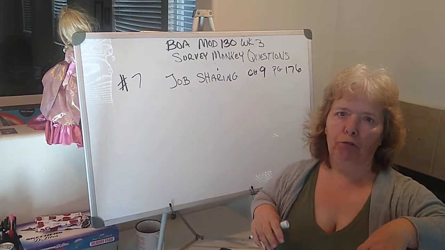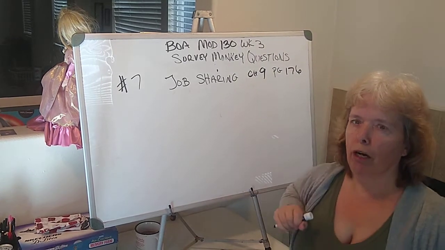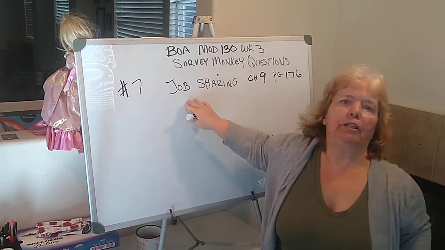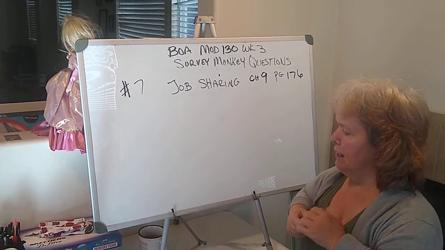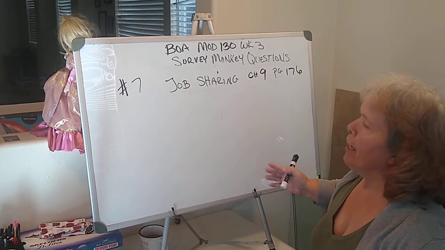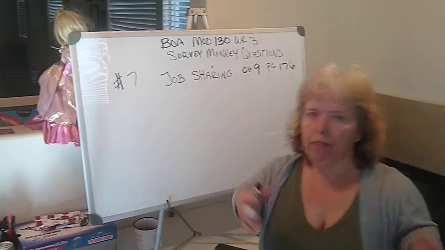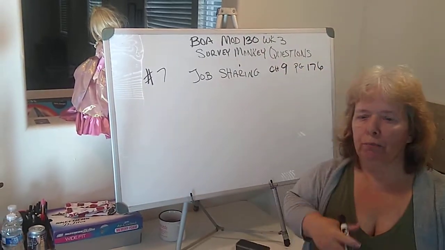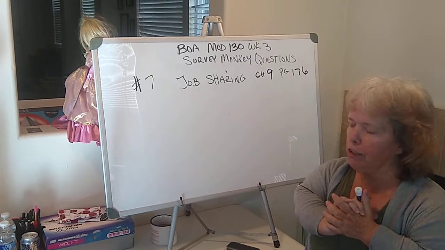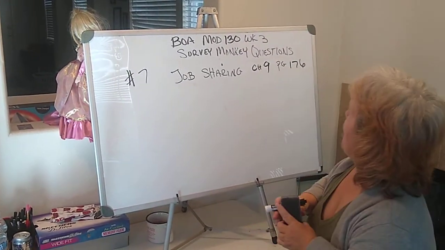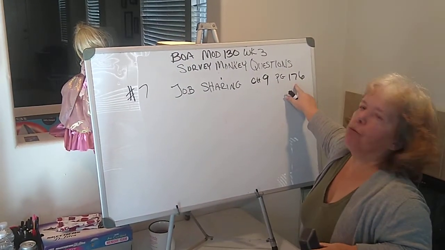But one person puts in 4 hours and another person puts in 4 hours. So that's what job sharing is. And it's an ideal way of modifying employment hours so that people can have families or maybe they have another job that they need to do. So that's what job sharing is. Chapter 9, page 176.